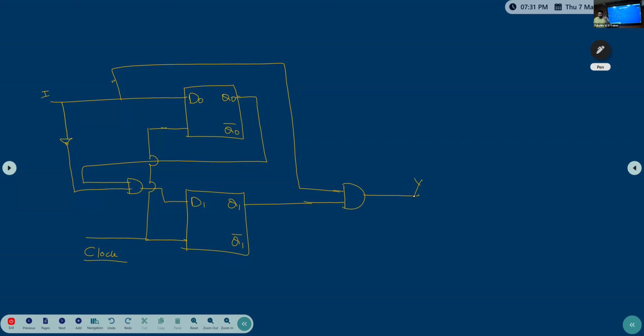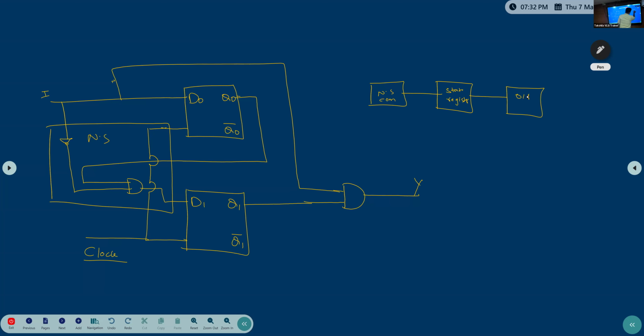When I started, I told you about the next state combo. This is the next state combo. Then the state registers will be there, then the output combo circuit.